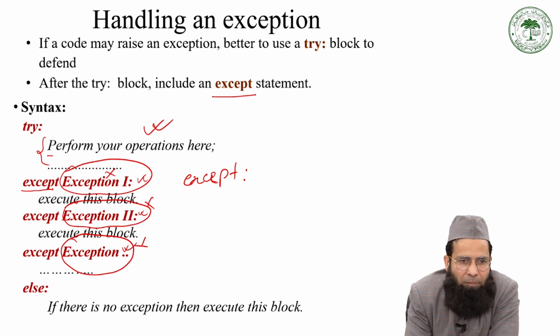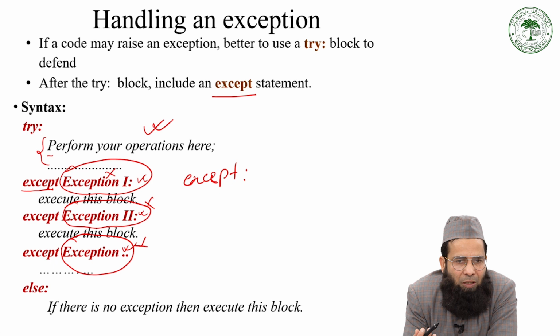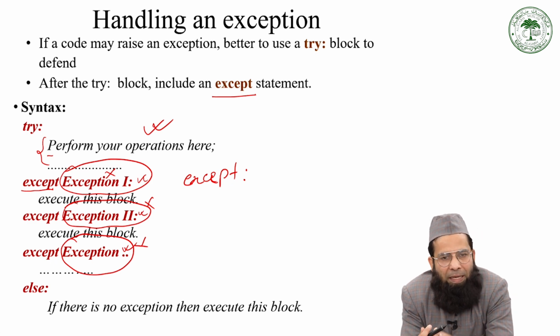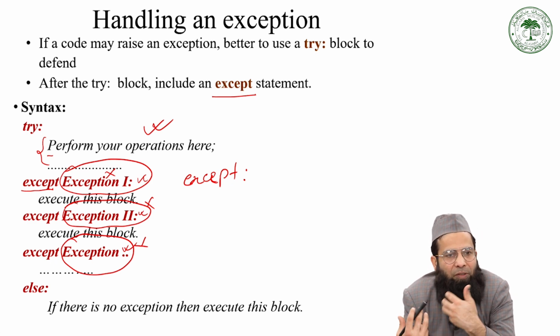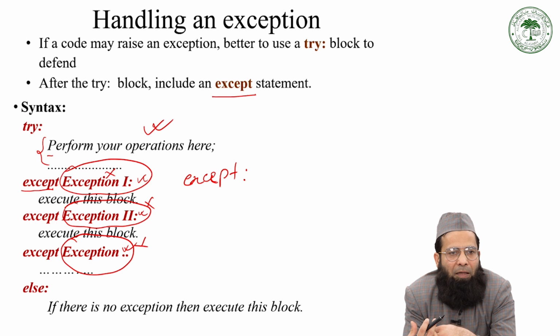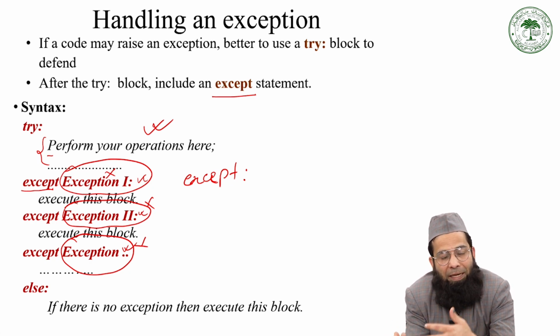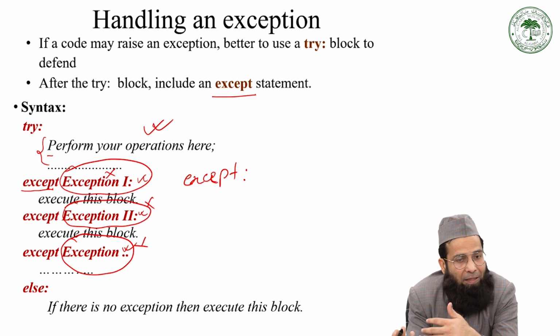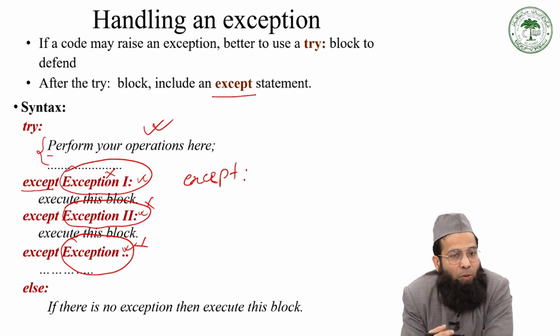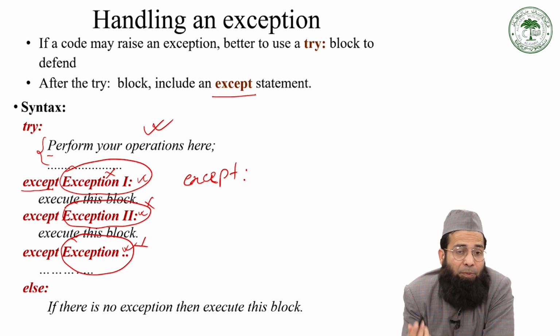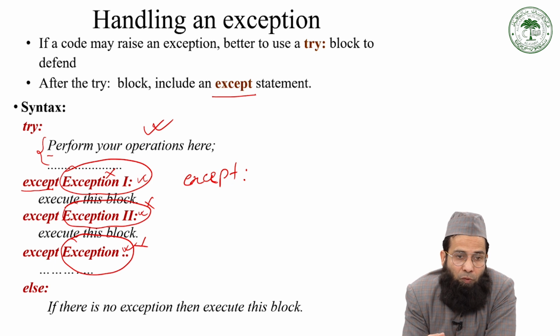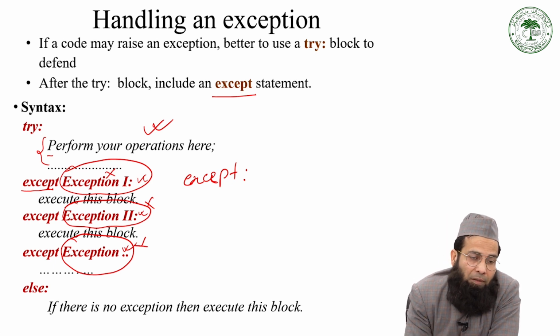During the exception handling, you would not be able to decide which code has generated the error, or which type of error my code is generating, which type of exception my code is generating. So you would not be able to find out.